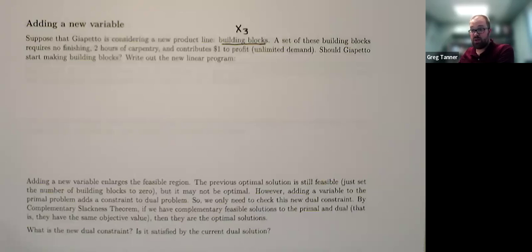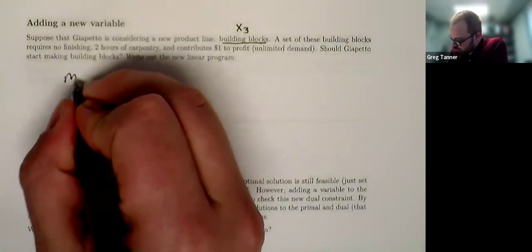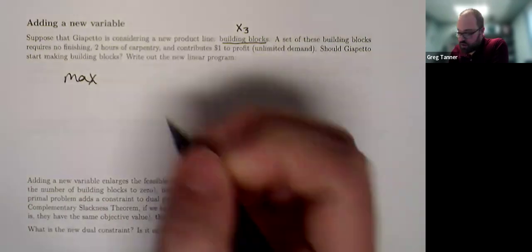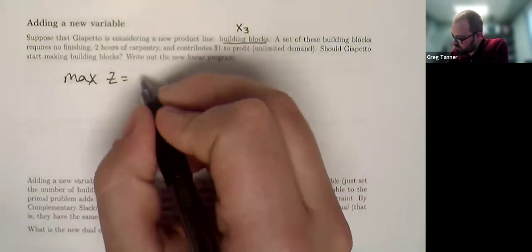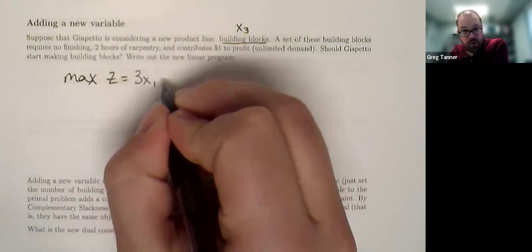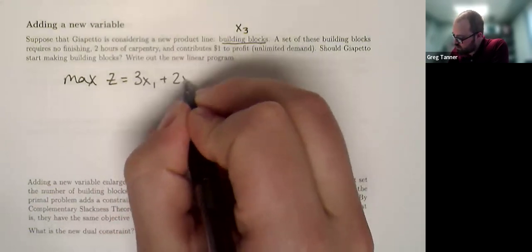Let's start off by writing the new linear program. The old objective was to maximize our profit, which was equal to 3x1 plus 2x2.